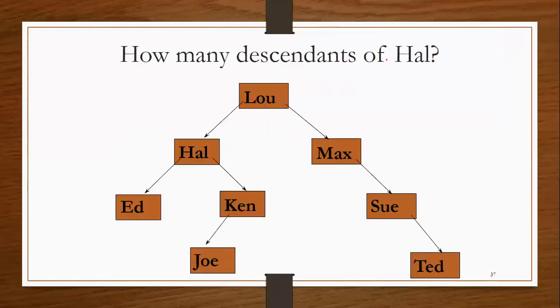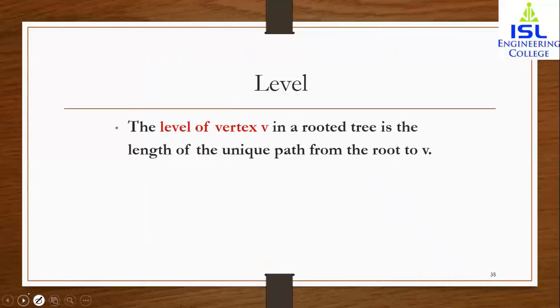Example, how many descendants of Hall? There are Ed, Ken, and Joe, because the edges derive from Hall and go below. So the descendants will be the down part of the tree from the given vertex, while the ancestors will be the upper part of the tree, the vertices directly leading to that vertex.